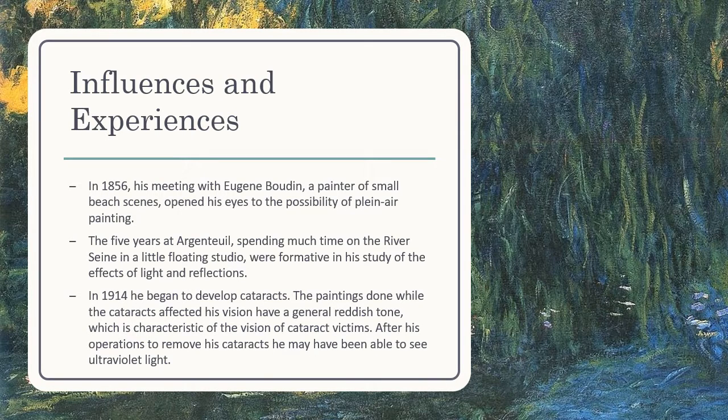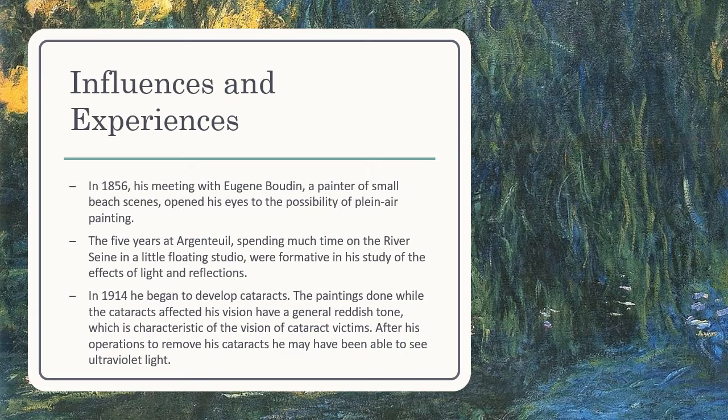Influences and experiences. In 1856, his chance meeting with Eugène Boudin, a painter of small beach scenes, opened his eyes to the possibilities of plein-air painting. The 5 years he spent at Argenteuil, spending much time on the River Seine in a little floating studio, were formative in his study of the effects of light and reflections.